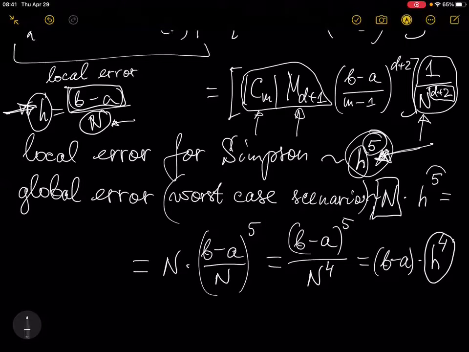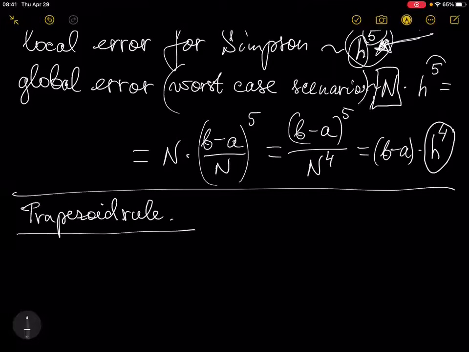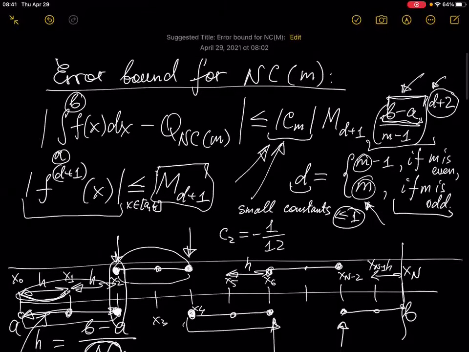Yeah, that's clear. Okay, now let us consider the case of the trapezoid rule. Local error. Based on this formula, m is equal to 2, so it's even, so d is equal to 1.